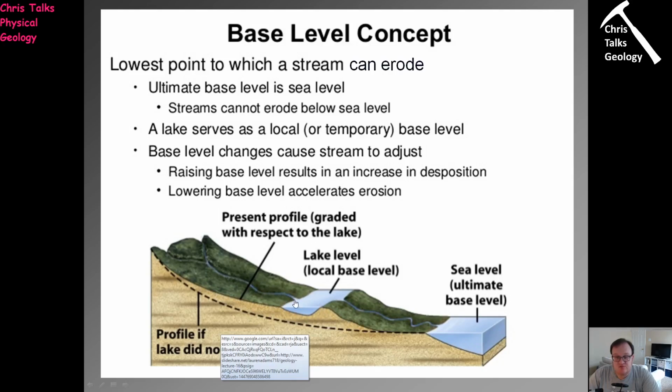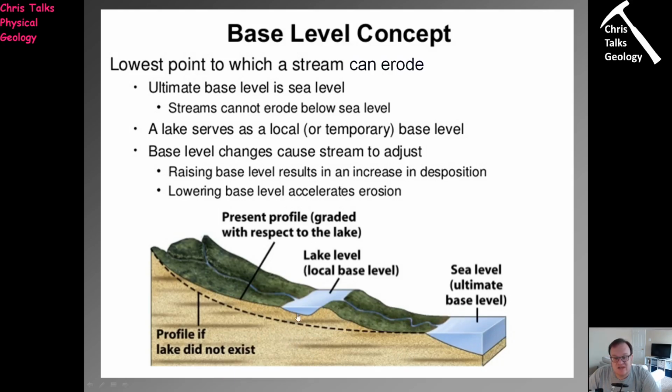And so this will be what's referred to as a local base level. And so the river from this part upwards will use this local base level to produce its concave profile. Whereas south of the lake, below the lake here, you will see the profile will use the sea as the base level.